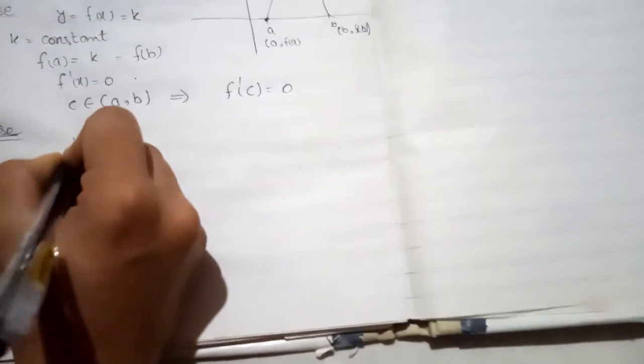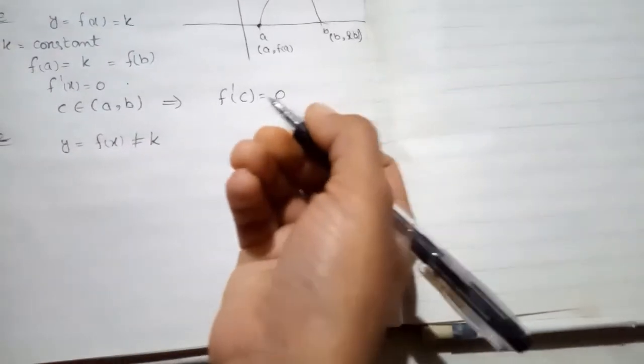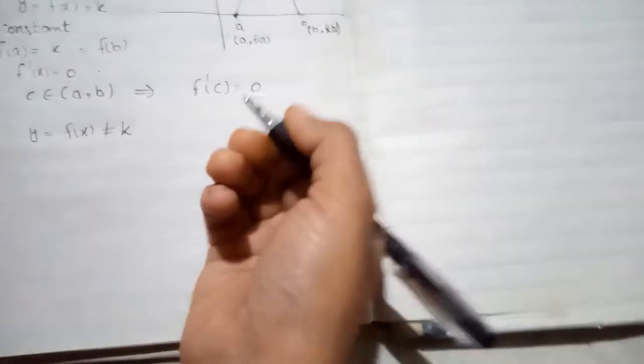The second case is that the function is not constant. According to this, y equals f(x) and f(x) is not equal to k, which means f(x) is not a constant function.